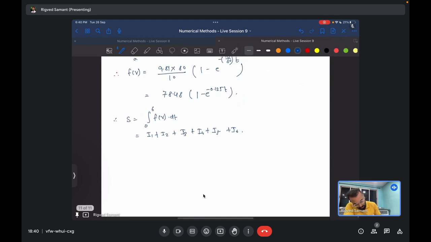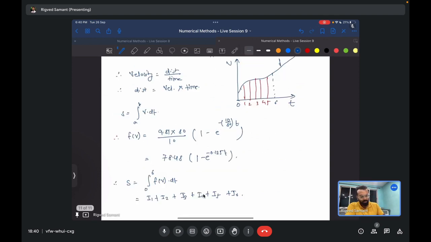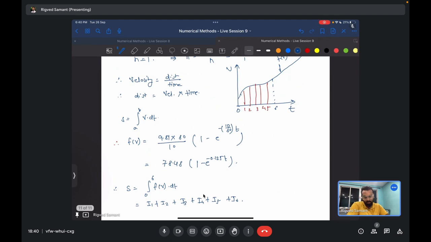Now what are I1, I2, I3, I4, I5, I6? These are the values of the trapezoidal rule applied at the 6 intervals. So a better way is to use a table. The table will give you a better, easier picture to solve this.